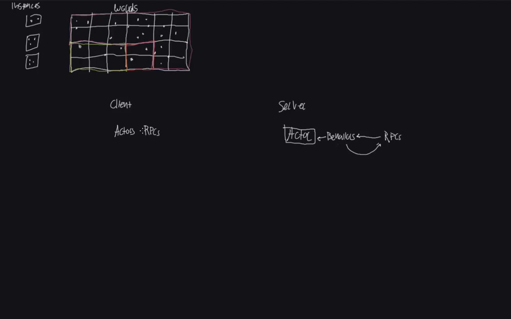So actors are going to be game objects running around, and they have these little RPC interfaces on them, which are mono behaviors attached to the actors. When a server behavior invokes a method on one of its RPCs, that's going to invoke the method on the corresponding RPC on the client.